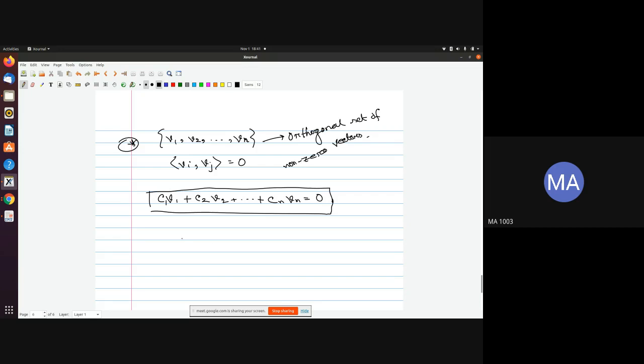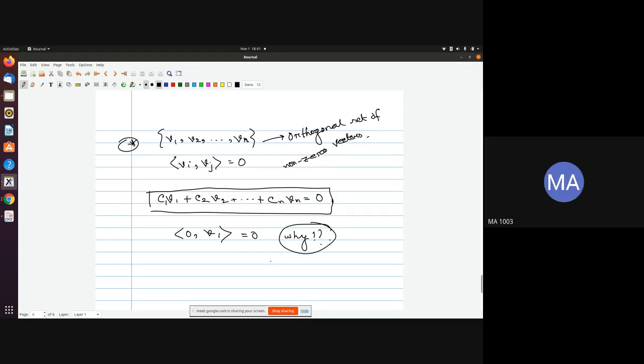So if I take the inner product of 0 and V1, what is it? 0, sir. Correct, because if you include 0 in any inner product, it will become 0. But why is this 0?